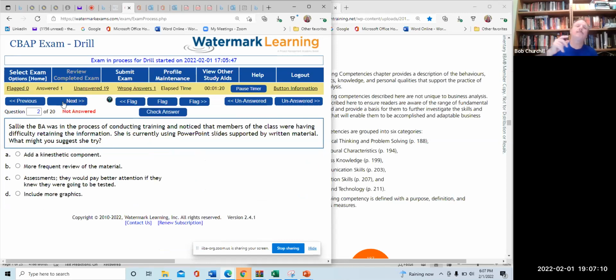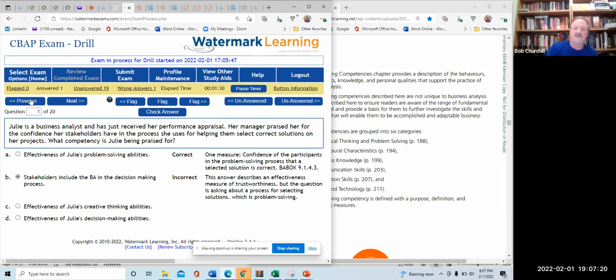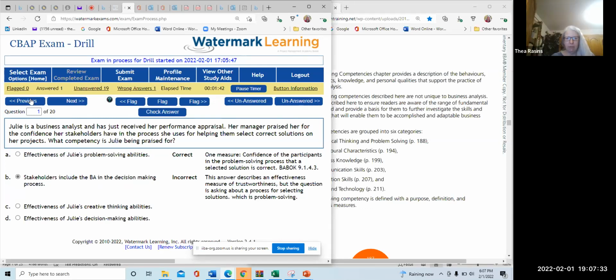Okay, next one. Here's a counter argument to that. She's facilitating the group's selection of a solution and not coming up with a solution herself. That may change things. You're right. It very well could. Do you want me to flag that question?